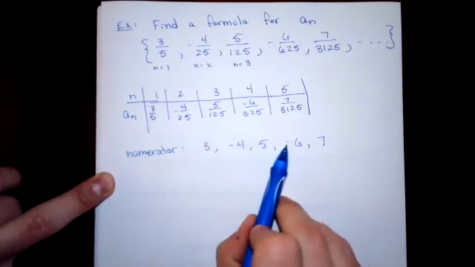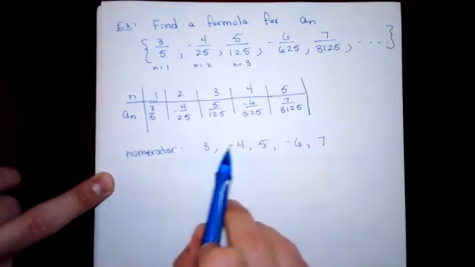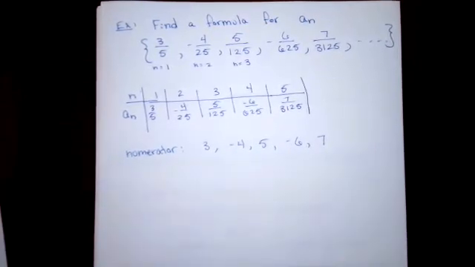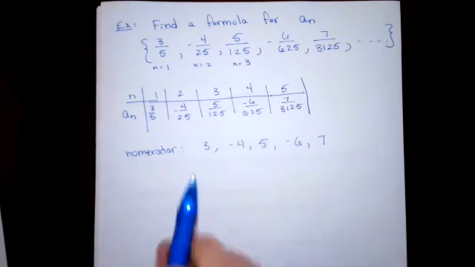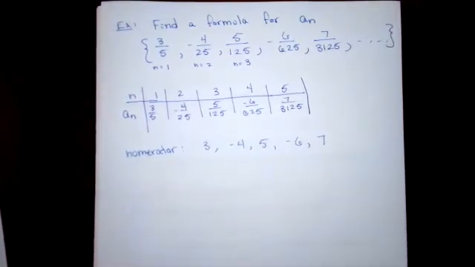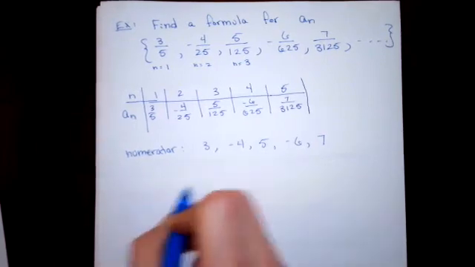Anytime we have this plus minus thing going on, this (-1) to the power of n, we call that an alternating sequence. So if it's alternating sign, plus minus, ignore that for a second. Let's just look at what the actual numbers are doing. 3, 4, 5, 6, 7. It's pretty easy. It's just increasing by 1 every single time.